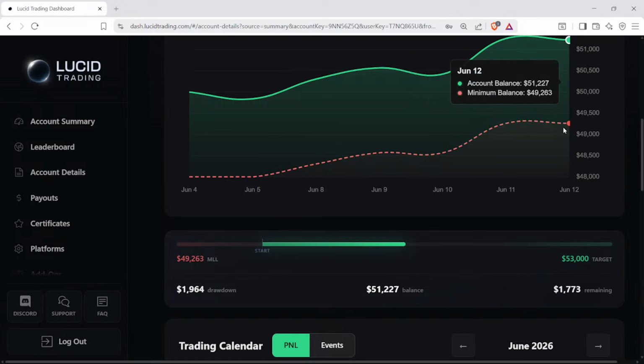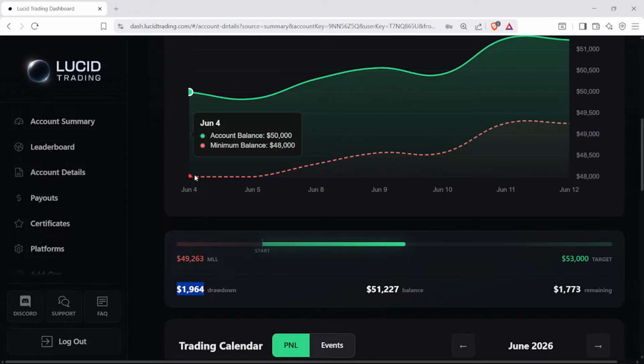Now up here, when I'm up at 51,227, my drawdown is 49,263, which means down here my drawdown is less by $36. So I have $36 less than when I started here.